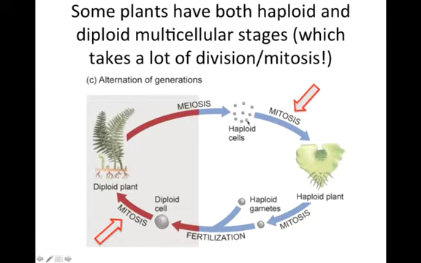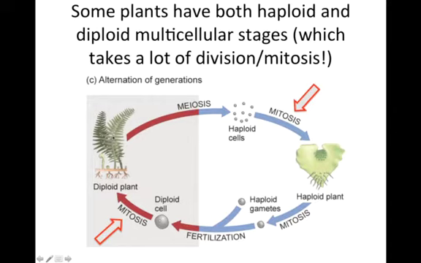A single one of these cells without fusion will undergo mitosis to give rise to a sizable multicellular plant. So this is weird, right? We're not accustomed to this. This would be like the equivalent of a single sperm dividing and becoming a multicellular person. So a totally different stage from ourselves.